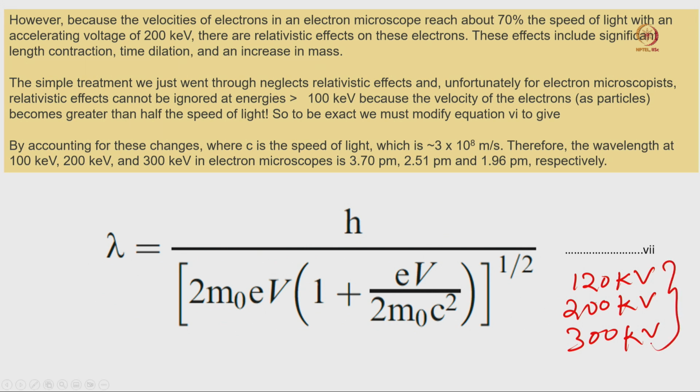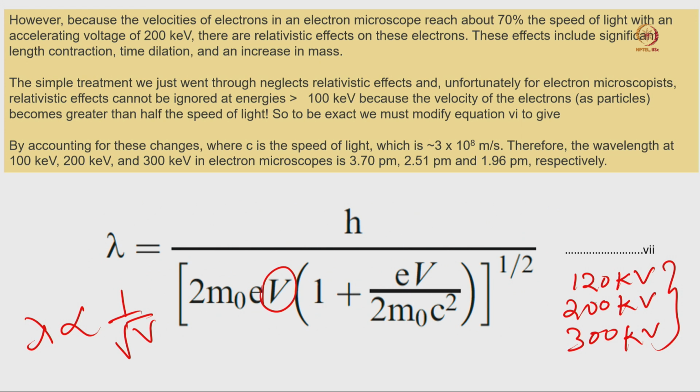When you switch on, this is called the accelerating voltage, and this is basically helping us to accelerate the electron. And then definitely this voltage is playing a very vital role. If we remember, last class also I discussed that lambda is inversely proportional to the square root of the voltage.